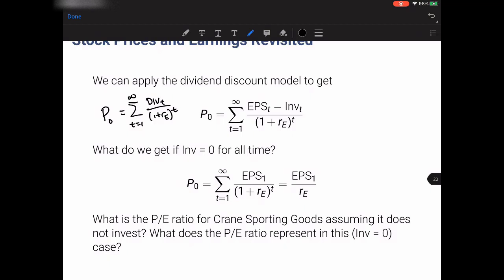Okay, we're going to substitute div T with our previous definition in terms of investments and EPS, and we arrive at the following equation. And we know that since the numerator is linear, we can separate this into two fractions.